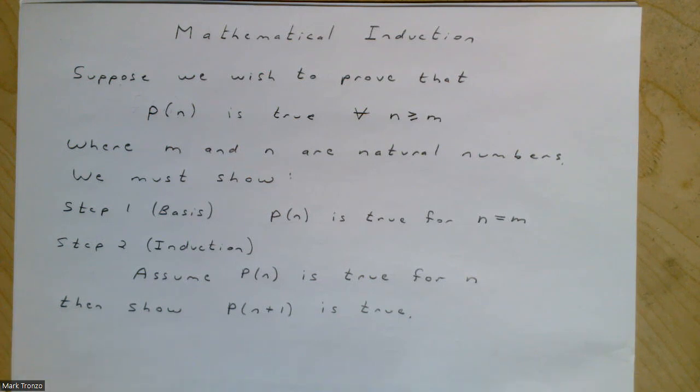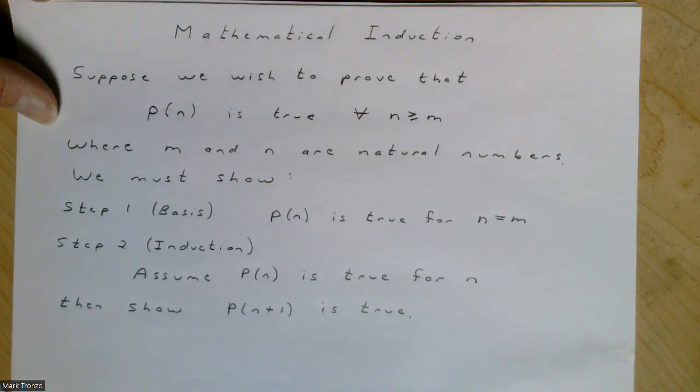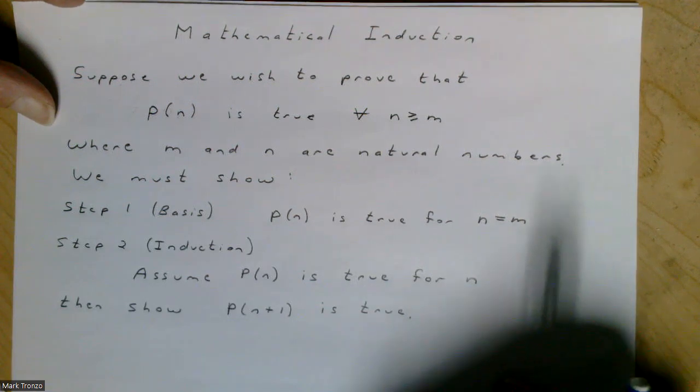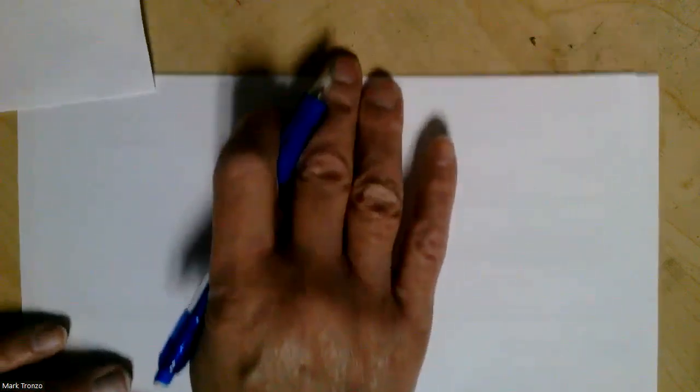Now, it's best to understand these problems by doing examples. And I'm going to do an example here. Now, this particular example isn't one that you would normally need to do by induction, but it'll kind of illustrate the concepts here. Let's do this example.